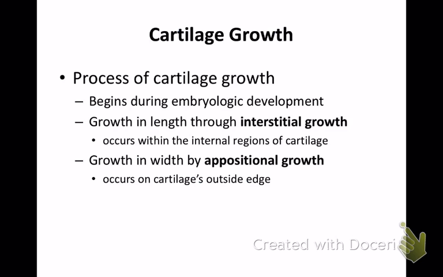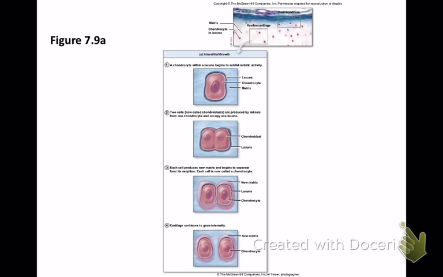Interstitial and appositional. So which one are we seeing here? We are in interstitial growth right there. Okay? It's growing from within. It's completely surrounded by cartilage matrix, but it's still forming new matrix in between the cells and expanding from within. Questions about that?